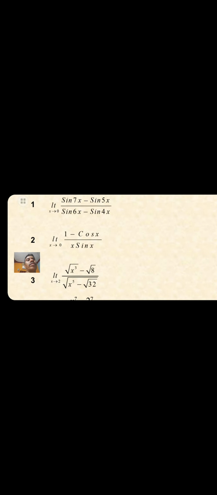So we have to use trigonometric transformations, the sin c minus sin d formula, which came in first sem, that is 2 cos (c plus d)/2 sin (c minus d)/2. For the first question, apply that formula and simplify, then you will get the value.